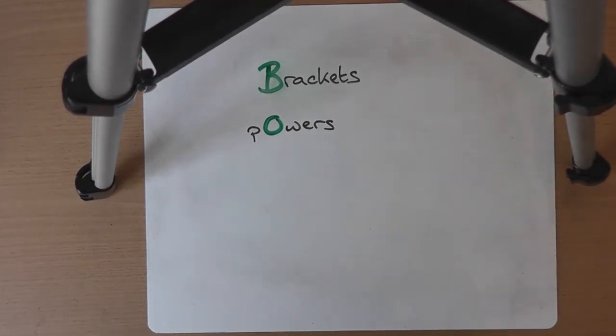I will explain shortly why I've written it in that way. It will all become obvious, don't worry. But we look through for any powers, so that's squareds, cubed, power 4, power 5 and so on, or any square roots in there. They come under this idea of powers as well. So brackets first, then powers, where O stands for powers.